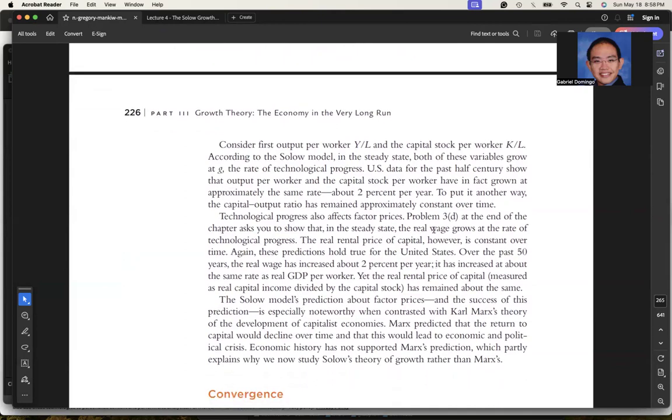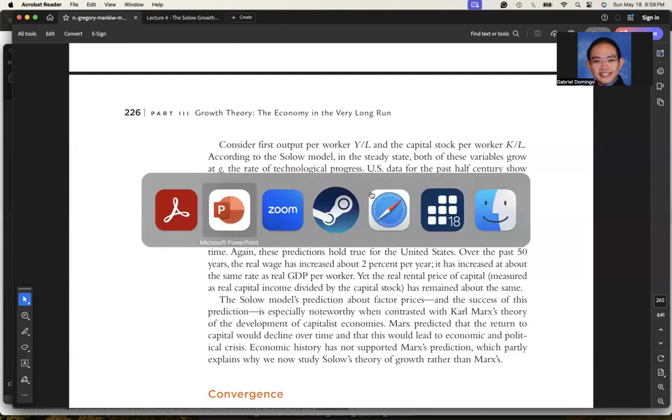If you notice, if you take the ratio of Y over L and K over L, the L's will go away. And what you'll have, so let's write that down.